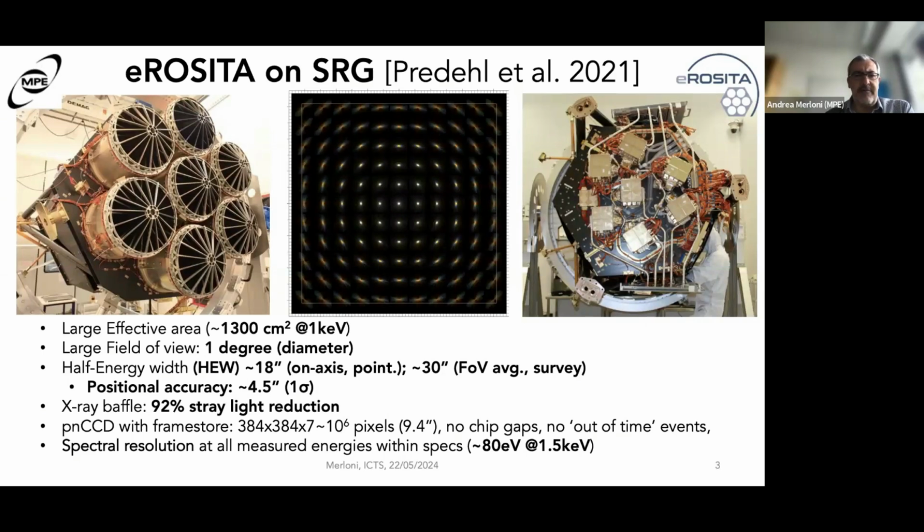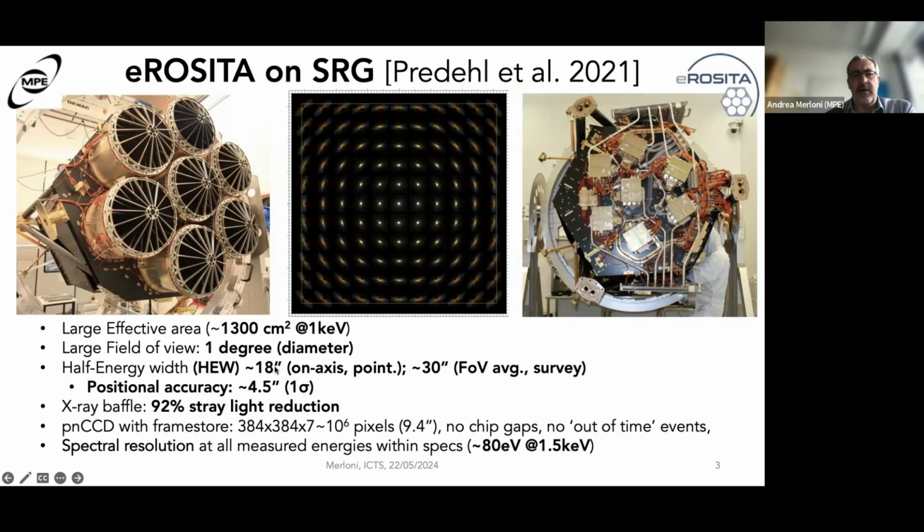And we have also combined this with a fast telescope design that allows a large field of view, which is unprecedented, or almost unprecedented, in X-ray astronomy. We have about 1 degree diameter field of view. The optics deliver relatively good spatial resolution.